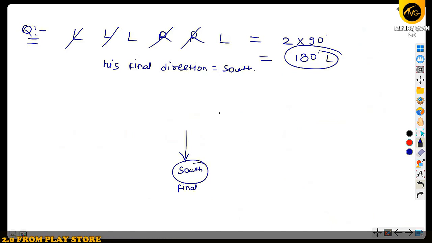So what will be the initial direction where he started walking from? Okay, tell me the answer. What will be the initial direction where he started walking from?